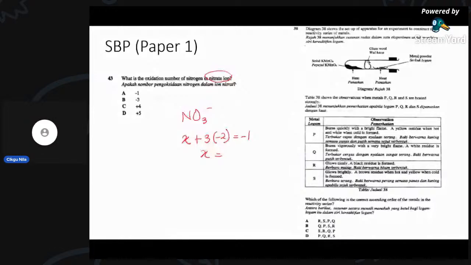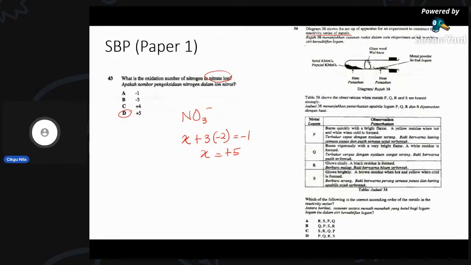Next question, 38. Diagram 38 shows the setup of apparatus for the experiment to construct the reactivity series of metal. They give you a table, table 38, to show the observation when metals P, Q, R, S are heated strongly.